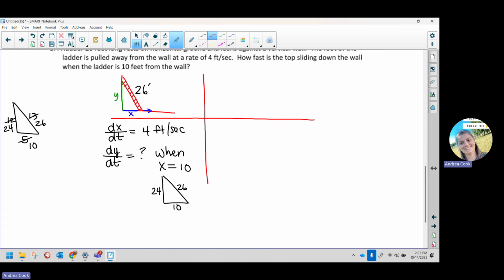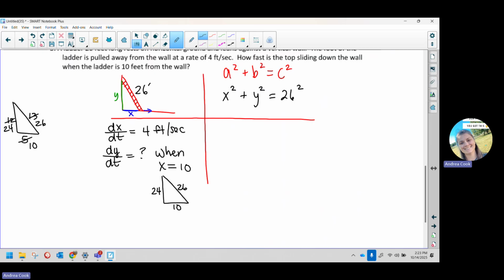All right, what formula am I going to use? The Pythagorean theorem, because I just used it. So I'm going to use a squared plus b squared equals c squared, but let's change it to match our picture. Instead of a, I have x squared. Instead of b, I have y squared, and instead of c, I have 26 squared.